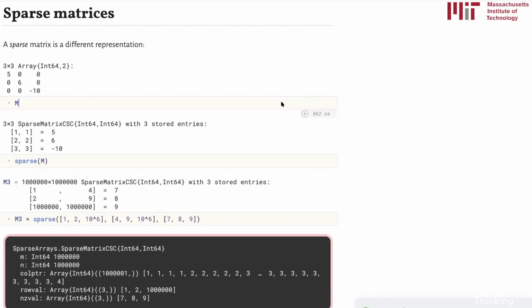So first of all, here was this diagonal matrix M with the entries 5, 6, and -10. And here is a pretty obvious representation for the matrix. It has the row and column indices, the 1, 1, the 2, 2, and 3, 3, and the values 5, 6, -10. So this is what I'm calling the ij aij, or the ij value representation.